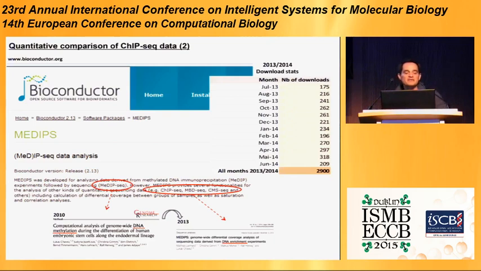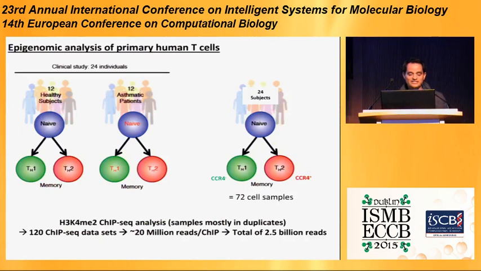So MEDIPS still maintains functionalities for correcting for CpG densities, but of course this approach of calculating differential enrichment is valid for any kind of DNA enrichment analysis. So we have generalized this package and improved the performance quite a lot. And it's now applicable, in my opinion, to many different kinds of DNA enrichment techniques.